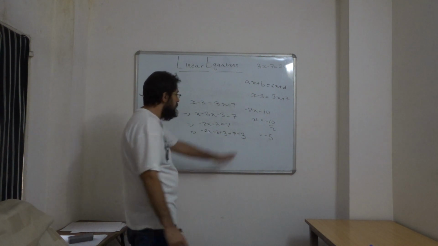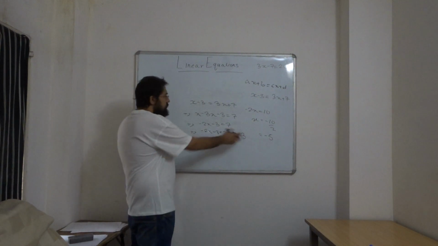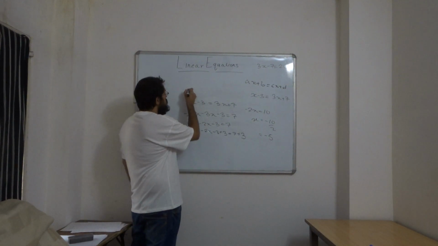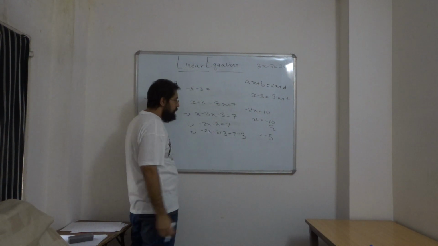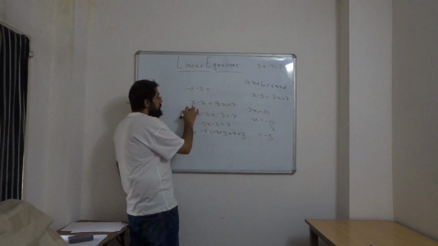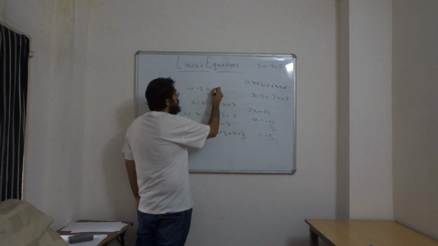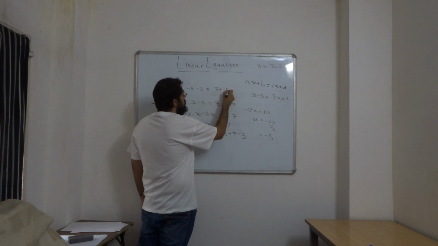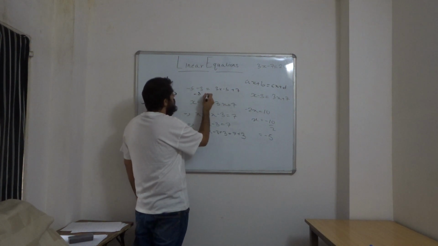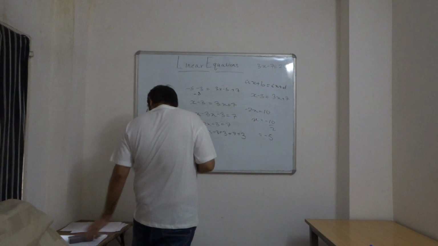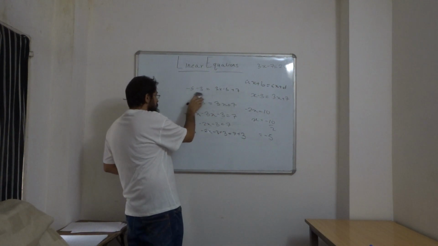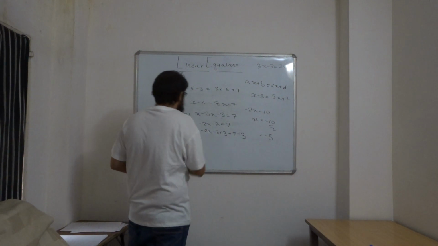Okay. Let's try and verify if this is correct. So x minus 3 equals 3x plus 7, and I'm putting negative 5 in here. Negative 5 minus 3 equals 3 times negative 5 plus 7. So negative 8. Not really the best state, is it? Horrible.